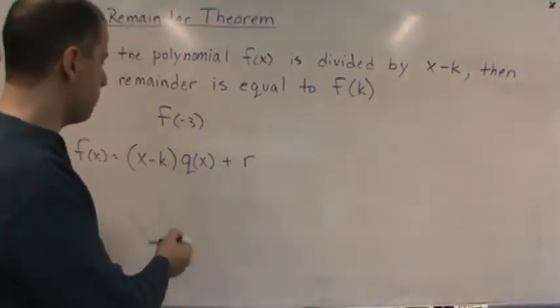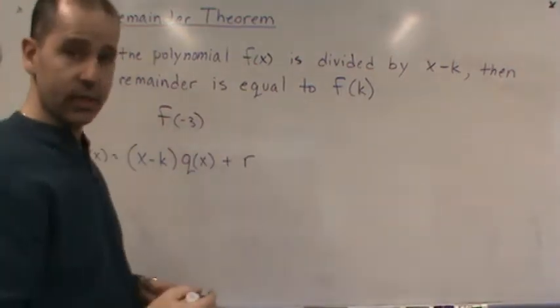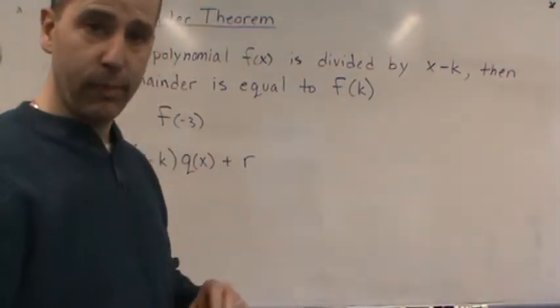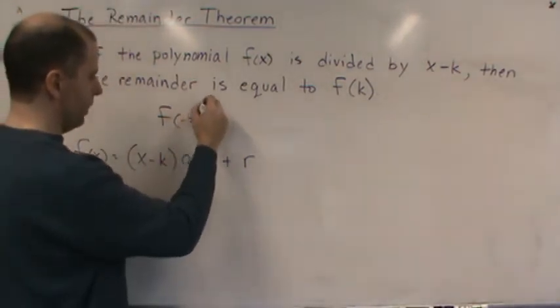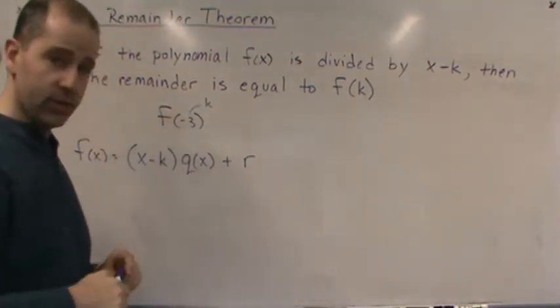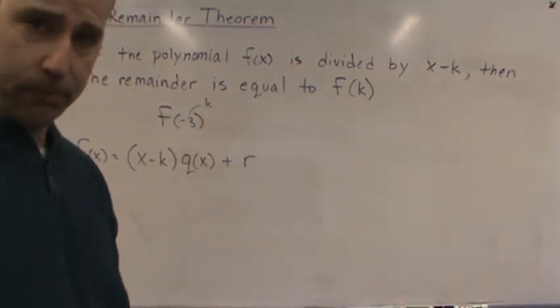So instead of just plugging negative 3 into the function and solving it that way, I could use synthetic division to find the remainder given this k value, right? So let's say this is k, and we could solve this by using the remainder theorem and synthetic division.